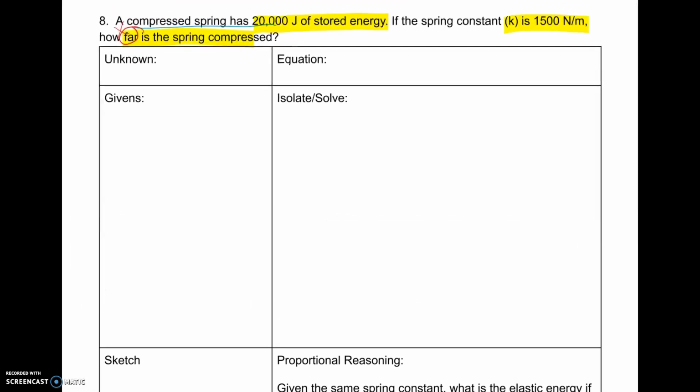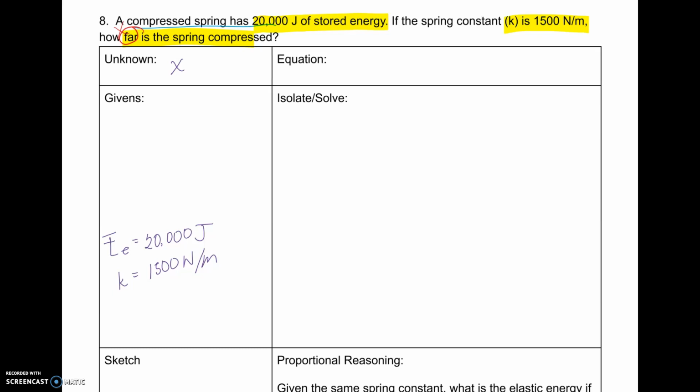And we know that the compressed spring has a stored energy of 20,000 joules, and the spring constant is 1500 newtons per meter. All right, and we are looking for how far, so we're looking for the x value.